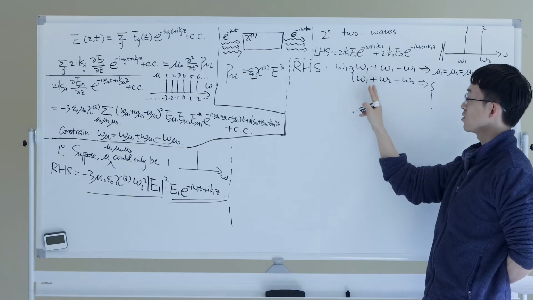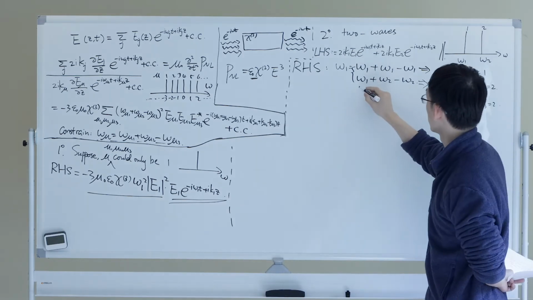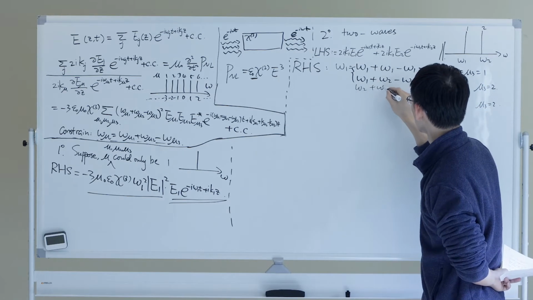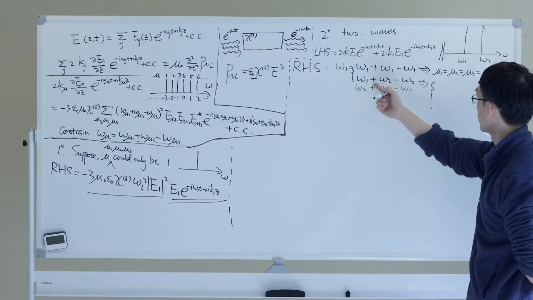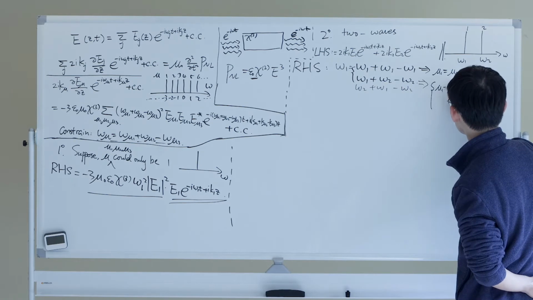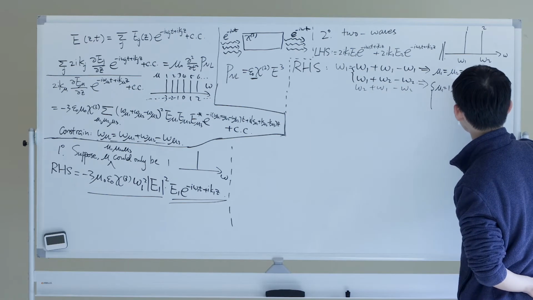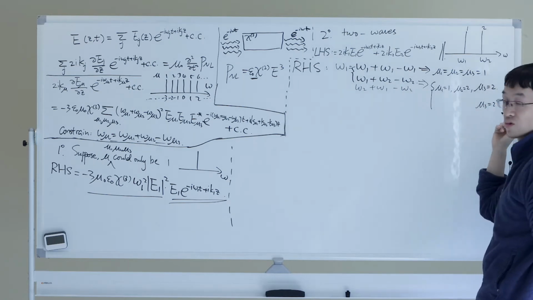But here these two are interchangeable. You can write it as omega 2 plus omega 1 minus omega 2. It doesn't change the result. So for one, you can have mu1 as 1, mu2 as 2, mu3 as 2.